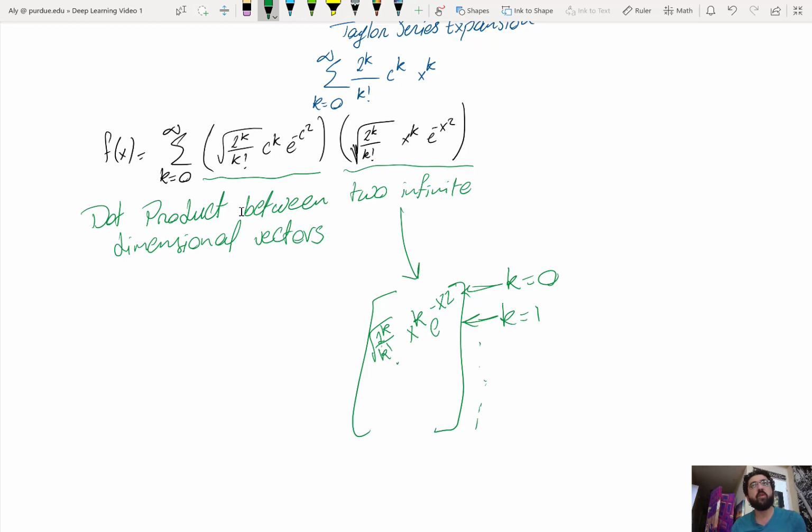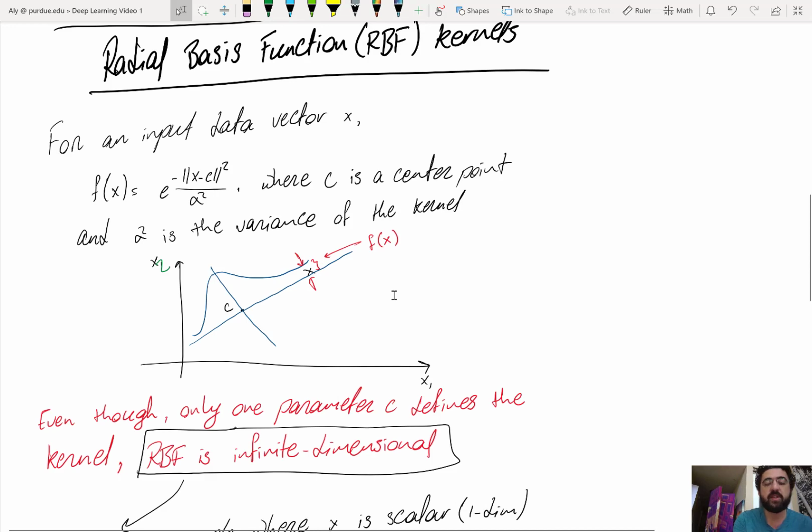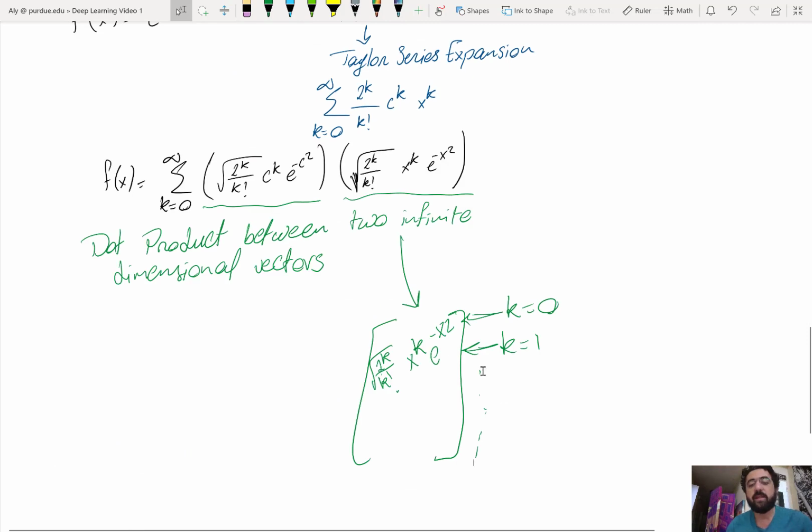dimensions, right? So for example here you have x1 and x2. These are bases for a two-dimensional space, right? So here I can think of these as coefficients for bases in an infinite dimensional vector space.